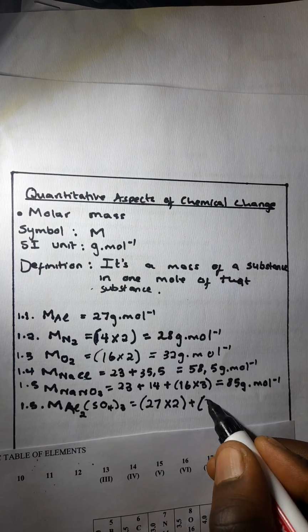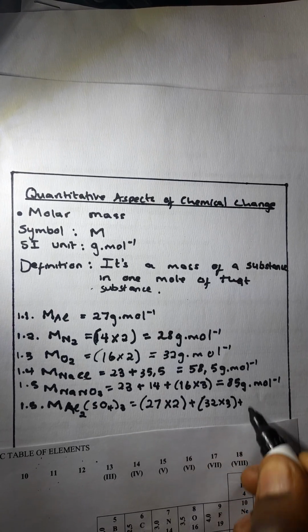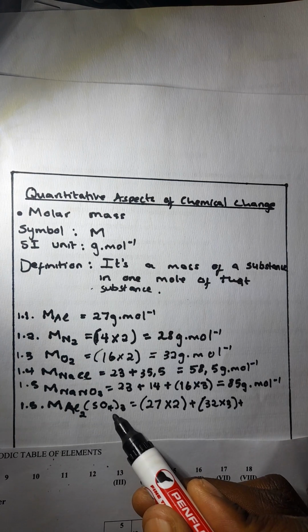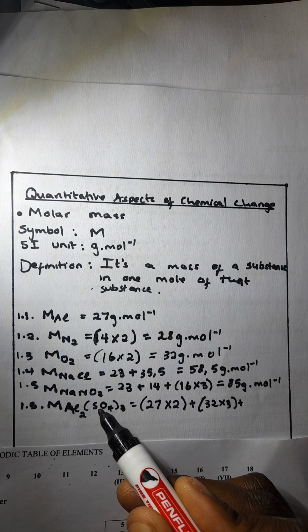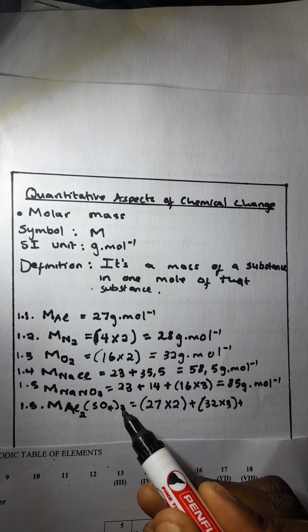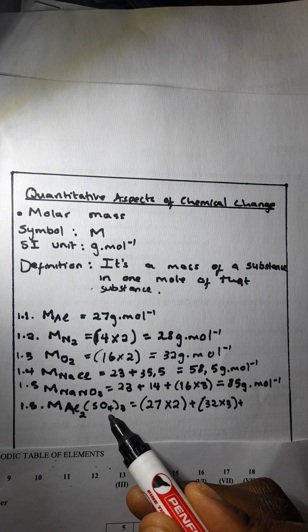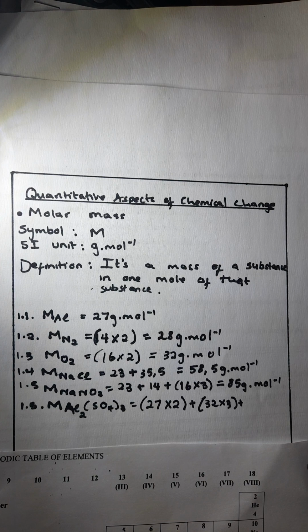So we are having 32 multiplied by 3 plus how many atoms of oxygen? There are 4 times 3. Just like we said 1 for sulfur times 3. Now there's a subscript, or there are 4 atoms of oxygen already. We times them by 3. That gives us how many? 12 atoms. Okay, is that right?